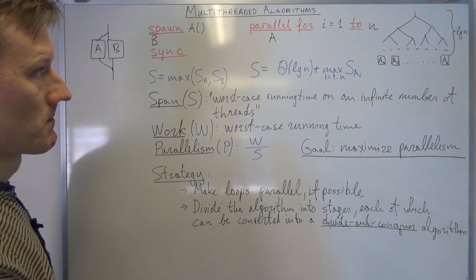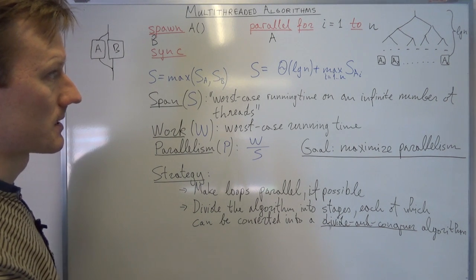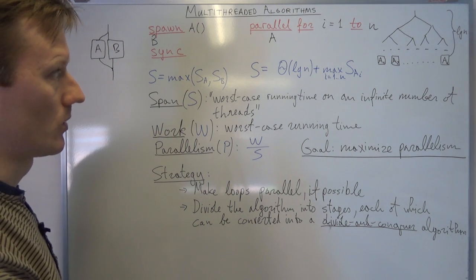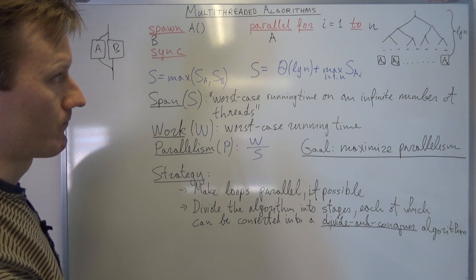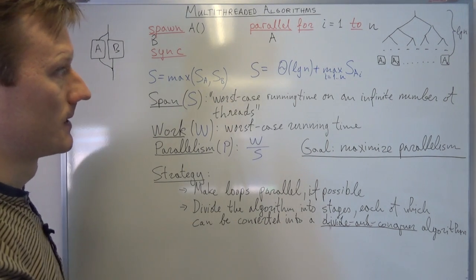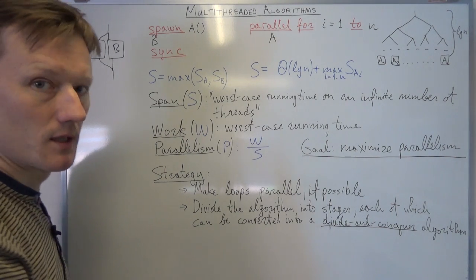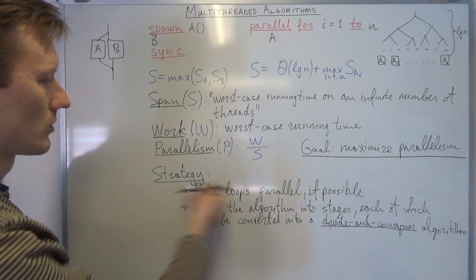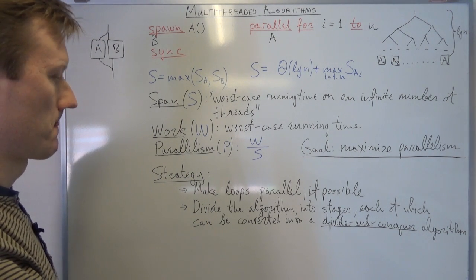We cannot access the same piece of memory if we want to update it in different iterations of the loop. We can get into what is called race conditions. So not all loops can be parallelized.